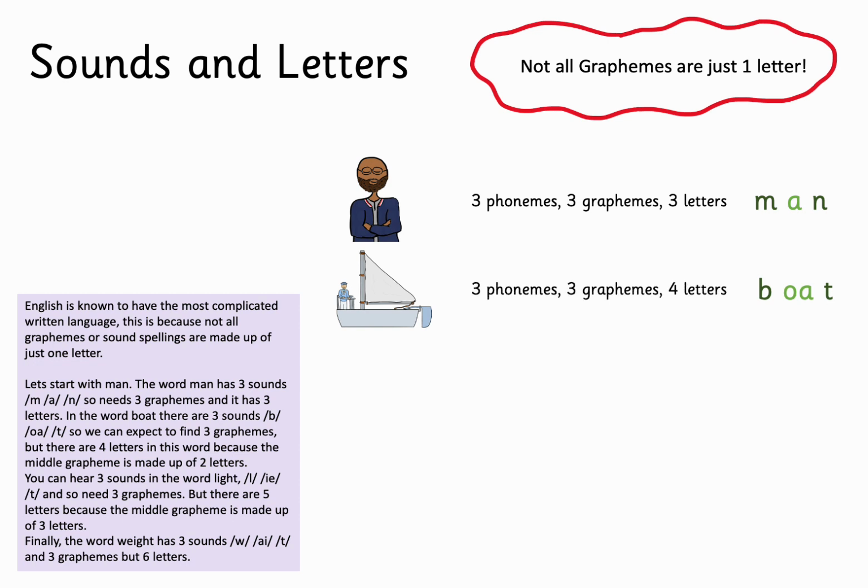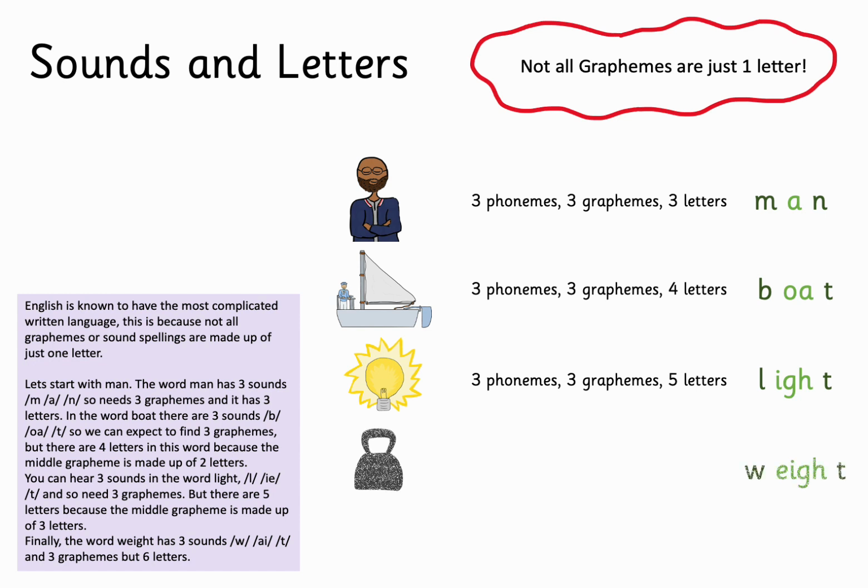But there are four letters in this word because the middle grapheme is made up of two letters. You can hear three sounds in the word light: l, igh, t, and so we need three graphemes. But there are five letters because the middle grapheme is made up of three letters. Finally, the word wait has three sounds: w, ai, t, and three graphemes, but four letters.